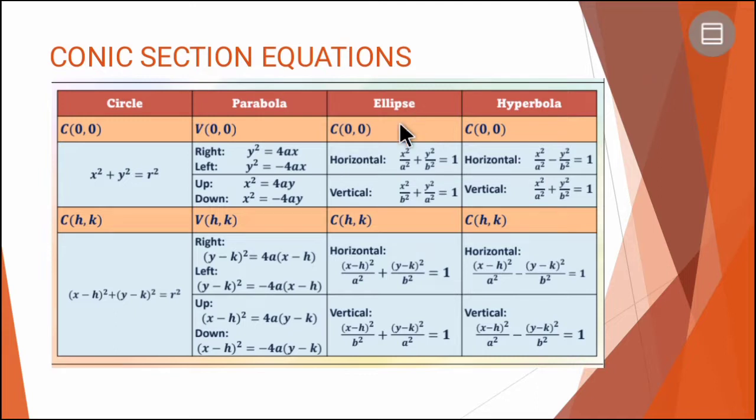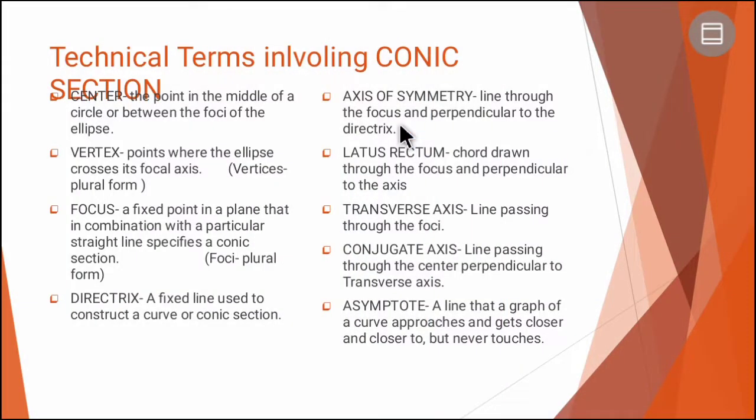So, okay. For my next video, I'm going to... hindi pa pala tayo tapos. So, now, we have the technical terms involving conic section. The center is the point in the middle of the circle or between the foci of the ellipse.